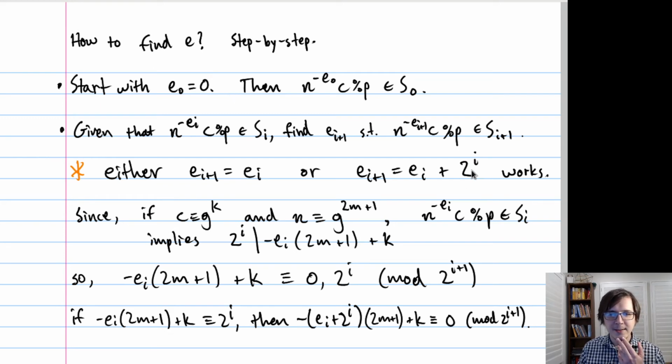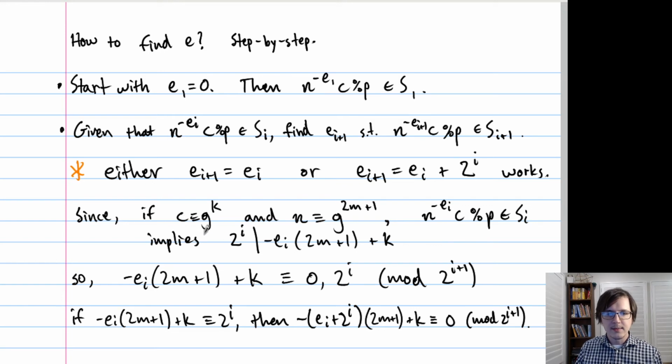We only ever deal with I as 2 or more, because if our number starts in S0 but not in S1, then it doesn't have a square root. So we should actually be starting at 1 here, just to make this work a little better. Okay, so since I is 1, then it remains even. That's just why I wanted to make sure.